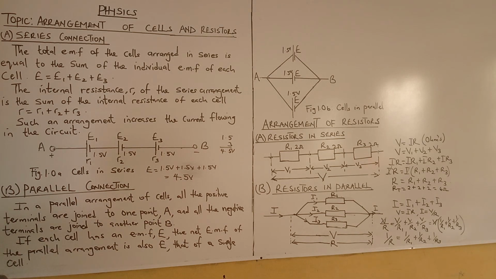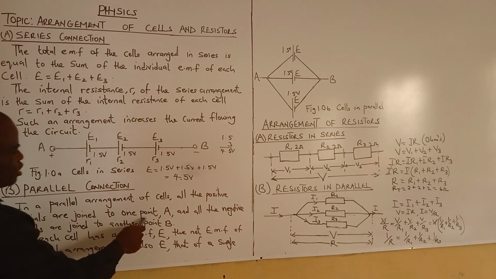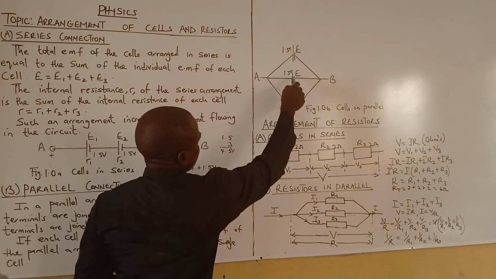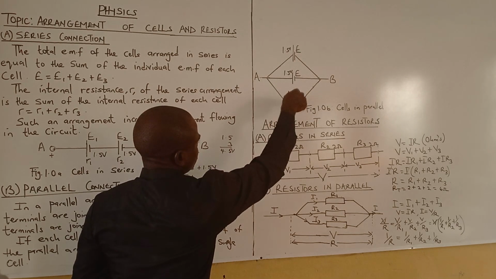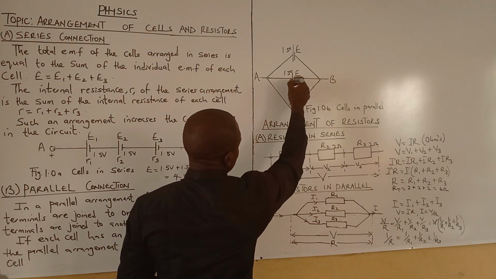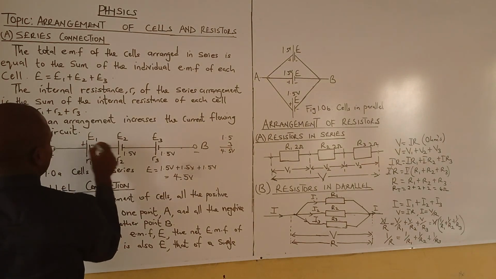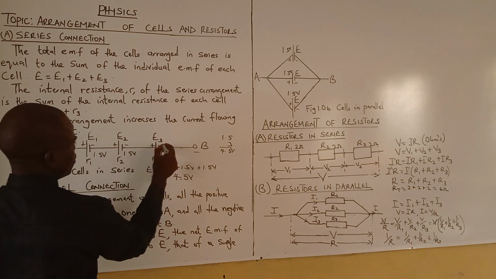Now let's see parallel connections of cells. In a parallel arrangement of cells, all the positive terminals are joined to one point. The long line is the positive terminal, while the short one is negative. Positive, negative, positive, negative.